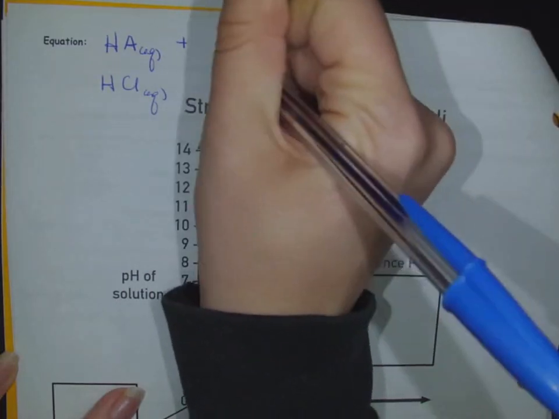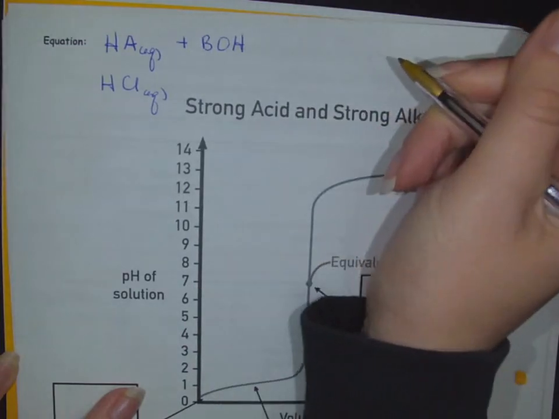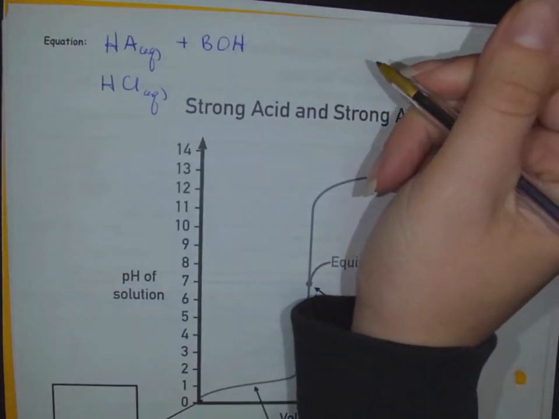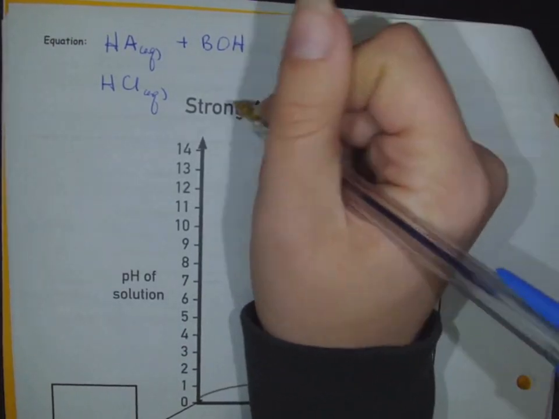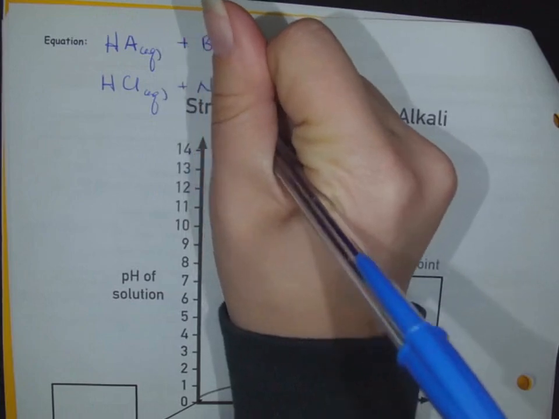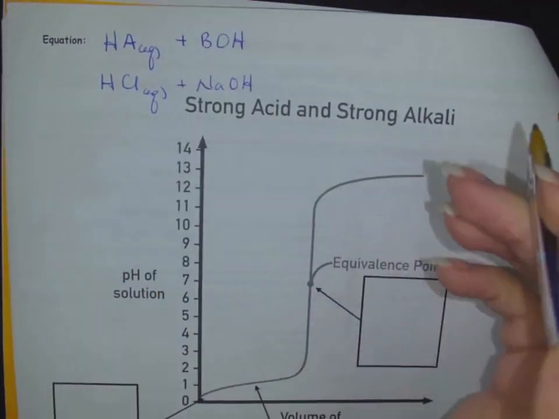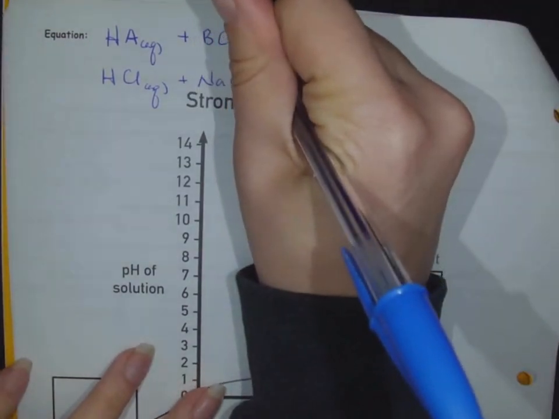Okay? So we have our strong base, which is a group 1 or a group 2 metal with hydroxide. And so an example of this is sodium hydroxide. That's probably the most common one. But again, this B is just being a placeholder for us. This is going to be aqueous.